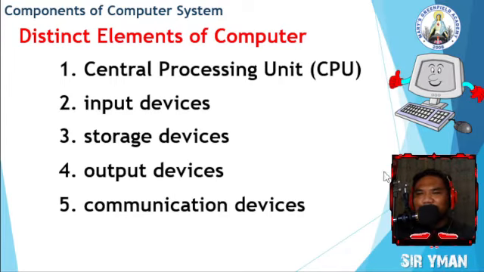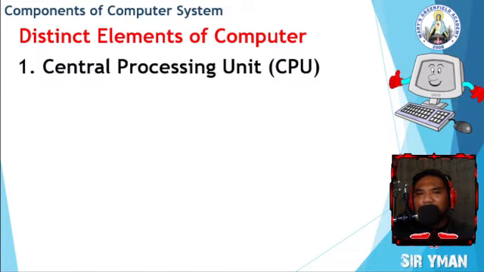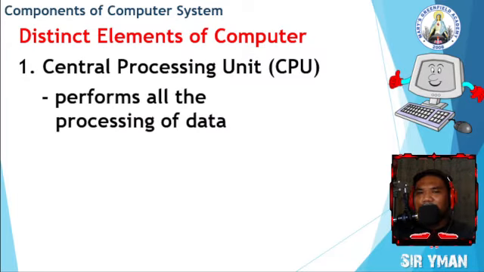Okay, so for processing, all the hardware that we could see inside the system unit is responsible for the processing. An example is the central processing unit or the CPU. It performs all the processing of data.